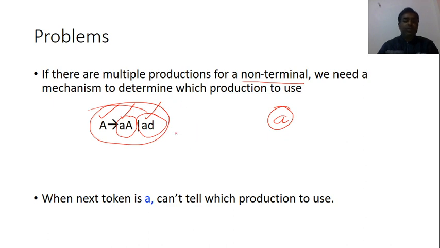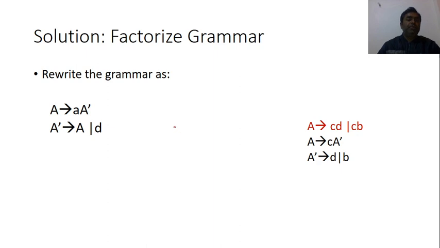For that purpose we use left factoring. The solution is to factorize the grammar, which is also known as left factoring. Rewrite the grammar this way, because our grammar was A derives to aA or aD.